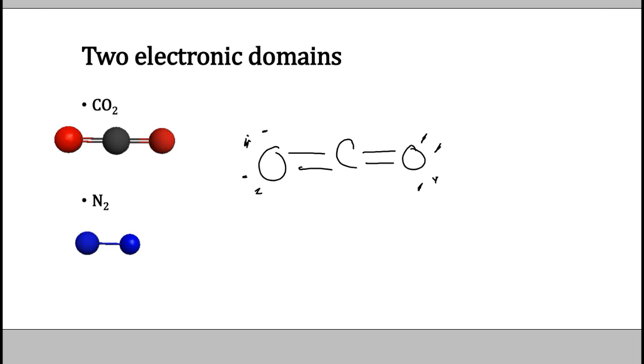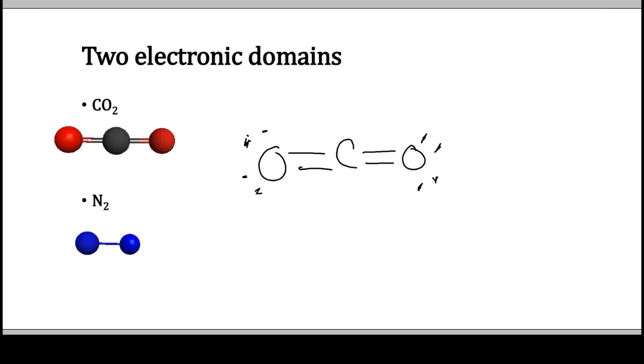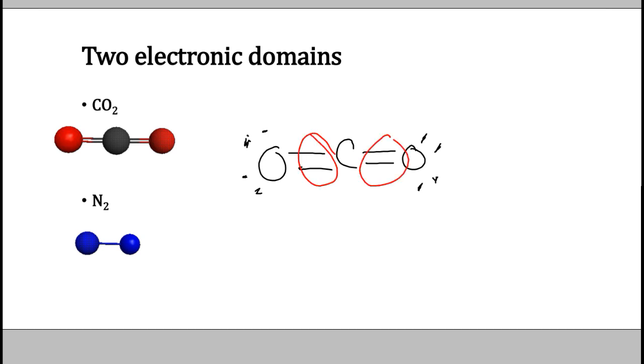So if we wanted to figure out what this looks like in 3 dimensions, we could look at our chart. The first thing we want to do is count the number of electronic domains. As we look at this, there's 1, 2 electronic domains around our central atom. So that means it has sp hybridization, which we'll spend a little more time talking about in a future lecture.